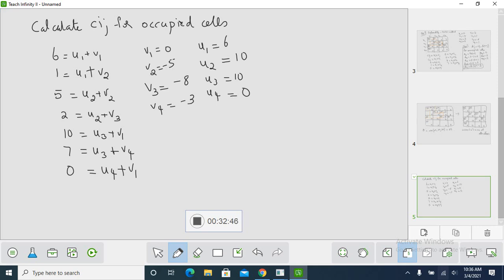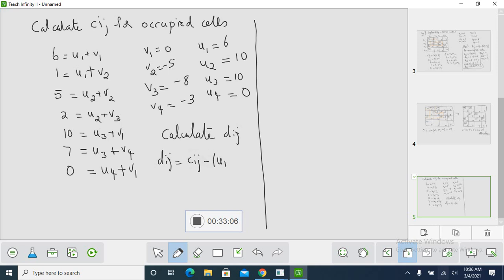Once I have calculated all my ui's and vj's, the next thing we normally do is calculate dij, correct? What is this dij? My dij is nothing but our cij minus ui plus vj.